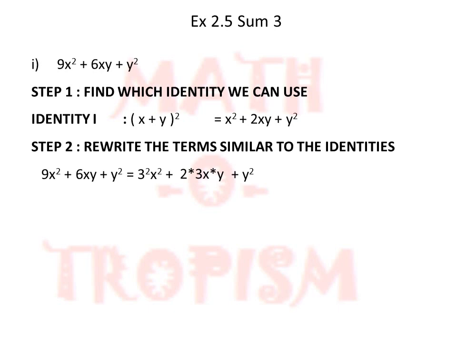So 3x into y, what is the multiplication coming to? 6xy. So this is the correct way in which we have rewritten. That comes to 3x the whole square plus 2 into 3x into y plus y square. So it is similar to the x plus y the whole square formula. Here instead of x there is 3x, and instead of y it is only y. So 3x plus y the whole square is the answer.